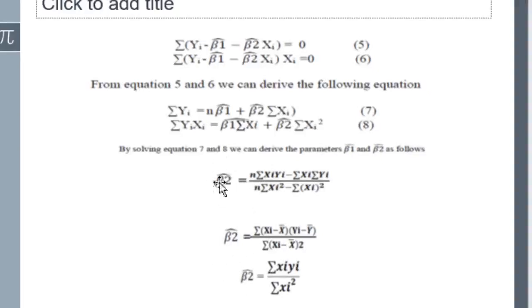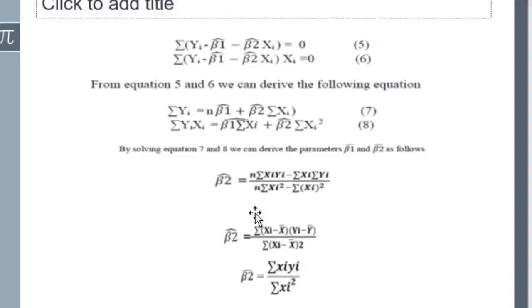We can derive the values of beta 1 cap and beta 2 cap in different combinations. Here capital Xi and small xi simply mean we can estimate the value either by using the actual observations or by taking the deviations from the mean value. That is why small and capital letters arise in these equations. In both ways we can derive the numerical values of beta 2 cap and beta 1 cap.